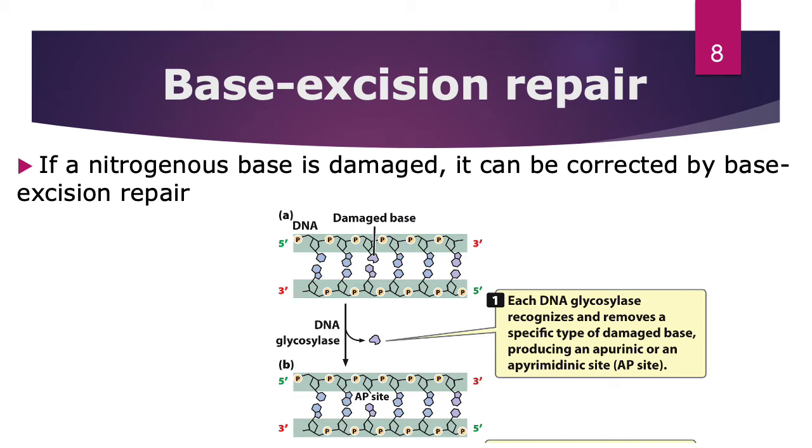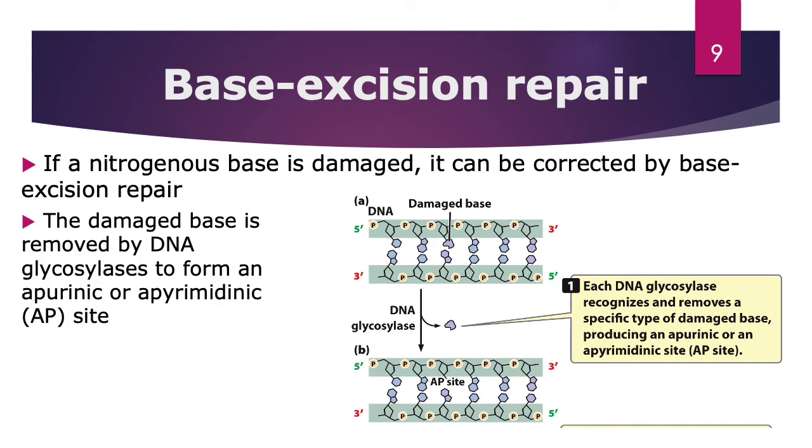Another type of repair mechanism is base-excision repair. If there is a situation where a nitrogenous base is damaged, it can be corrected by base-excision repair. So here is an example where we have a damaged base, shown in the black box.